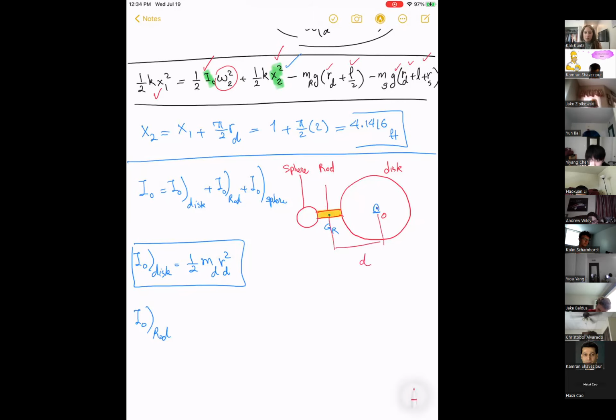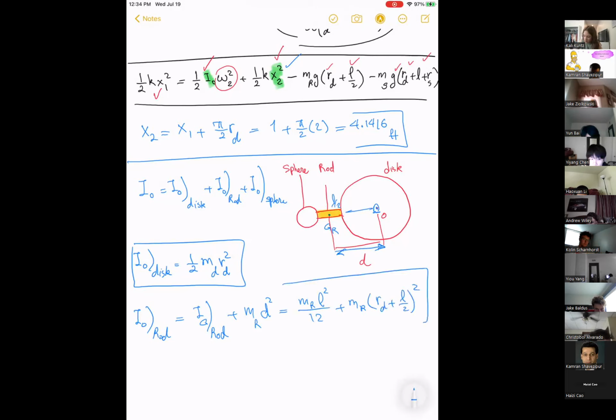This is going to be my D. So technically, this guy is going to be I of rod about G plus M rod D squared. And I for rod about G is going to be M rod L squared by 12. And this distance here is R plus half L. So we're going to get M rod times R disk plus L by 2 squared. This is going to be the value for rod.